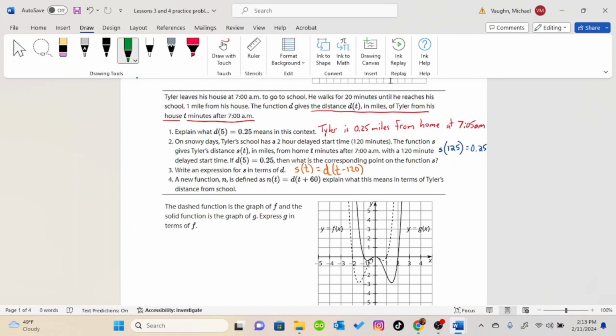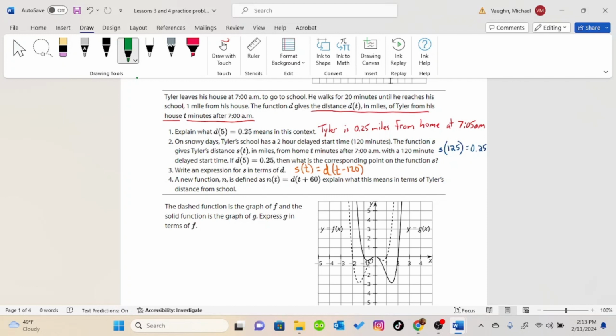A new function n is defined as n of t equals d of t plus 60. Explain what this means in terms of Tyler's distance from school. So now we're talking about an equation where we're adding 60 inside the parentheses.